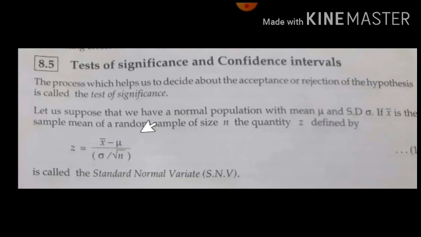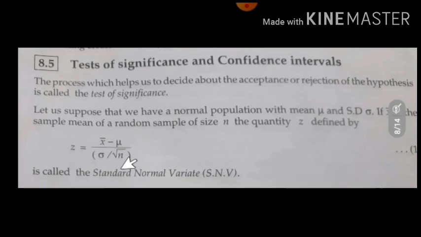So using the same standard normal variate, we are going to define it related to population and sample size. There is a little variation in the formula of the standard normal variate in sampling. It is x bar minus mu by sigma by root n. This is called the standard normal variate in the study of sampling.